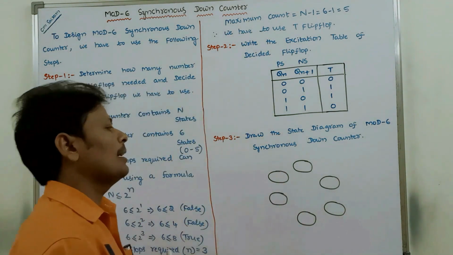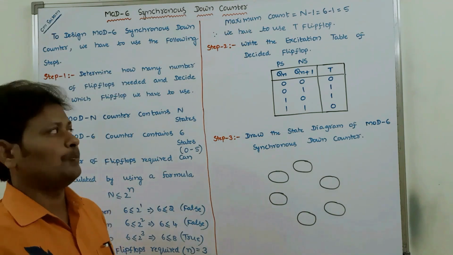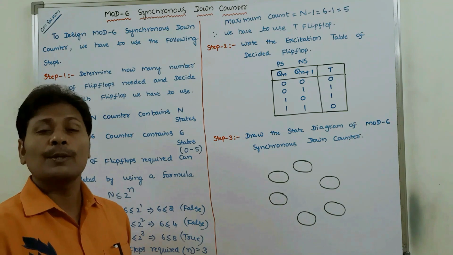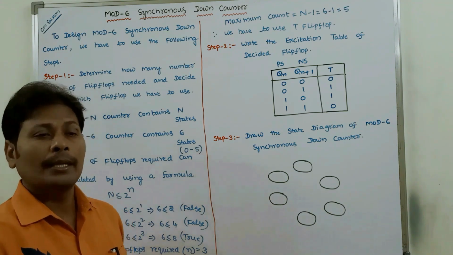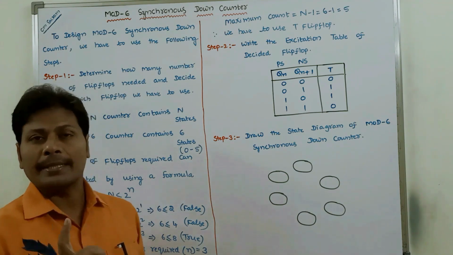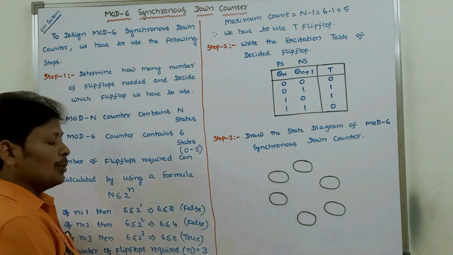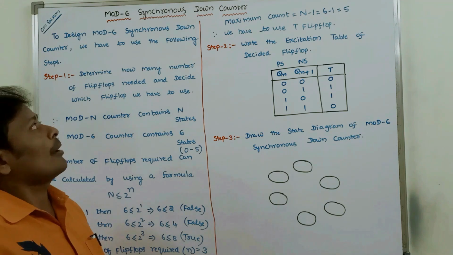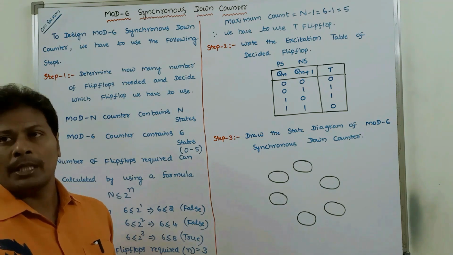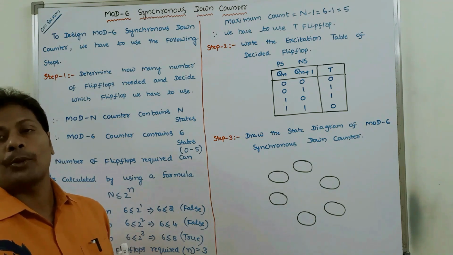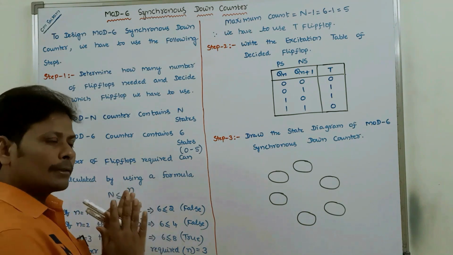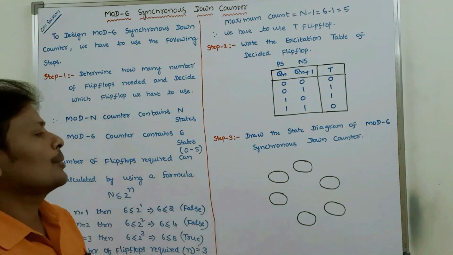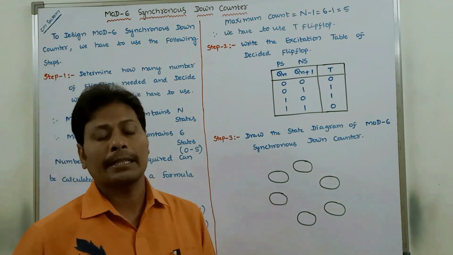Each state can be represented by how many bits? That is 3 bits, because we have to use 3 flip-flops to design mod 6 synchronous down counter. Each flip-flop can store 1 bit. So to store 3 bits, we have to use 3 flip-flops. So each and every state contains 3 bits.